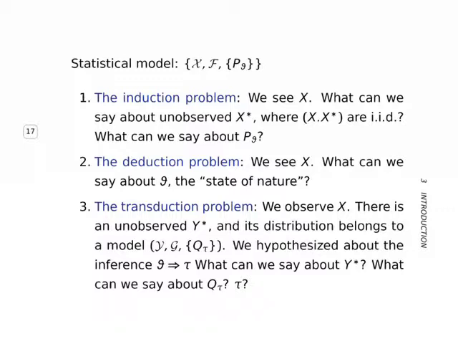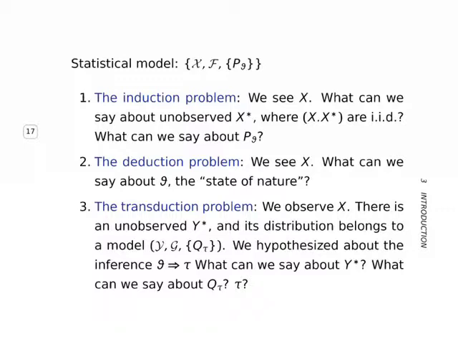So that's just the generalization, the empirical generalization from observation to unobserved. When we try to do deduction, we go one step further. We see X, and we ask, what can we say about theta, the true state of nature?